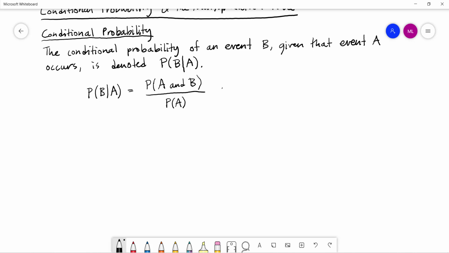With independent events, the outcome of one doesn't have any impact on the other, but when they're not independent, the outcome of one will impact the other, as we saw in the example that I mentioned just a minute ago.